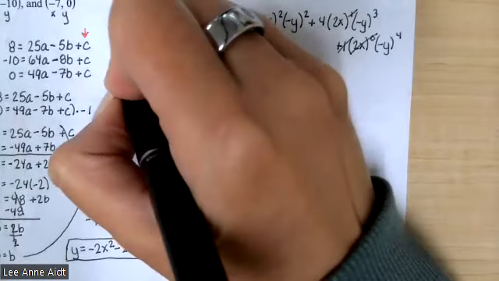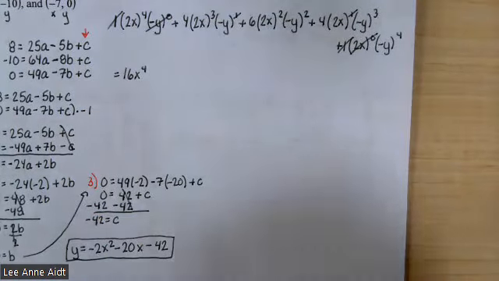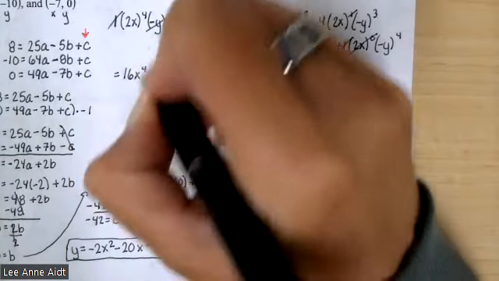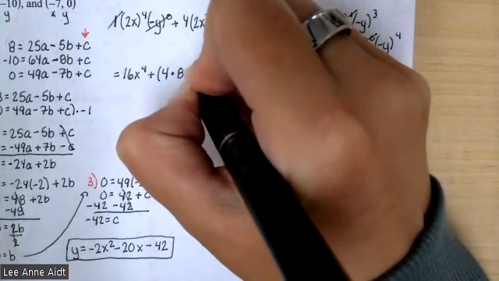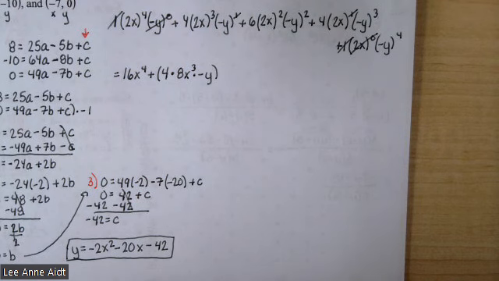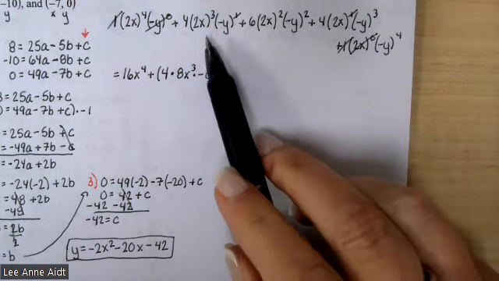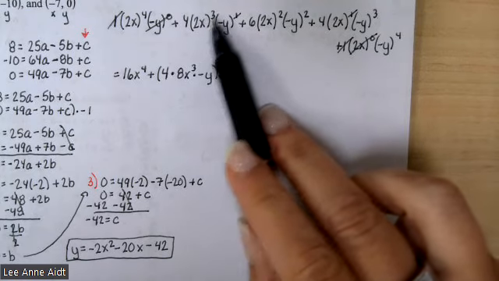2x to the 4th is 16x to the 4th plus 4 times 8x cubed times negative y. Do you see where the 8x cubed came from? Super important.